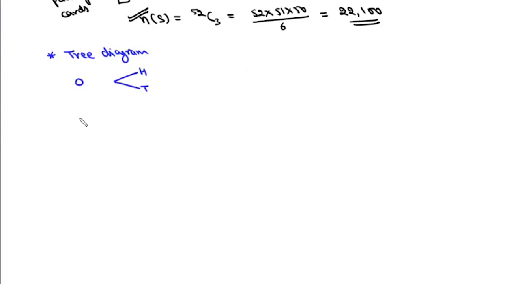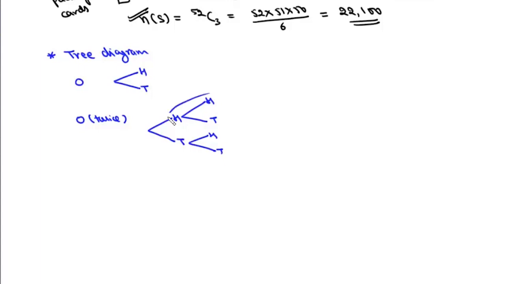Now suppose we toss this coin twice. When we toss this coin first, it'll be head or tail. Once we have head, if we toss the coin again, on the next toss we can have head or tail. In the same way, if the first trial results in tail, we toss it again and get head or tail.